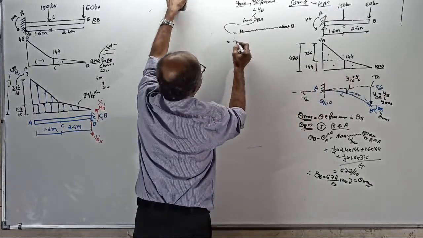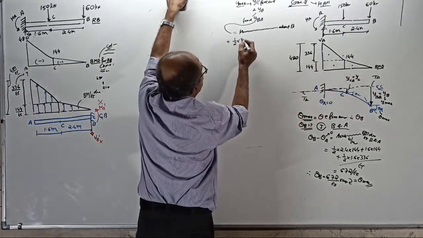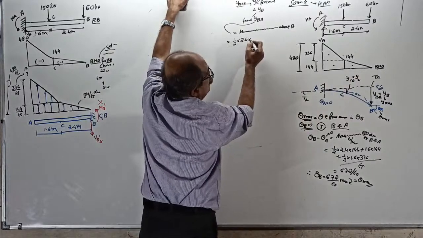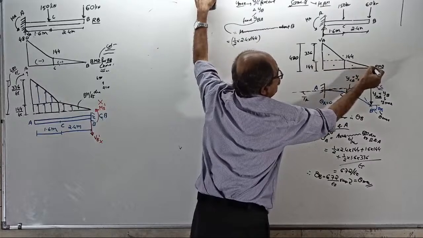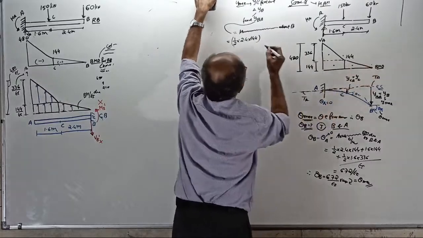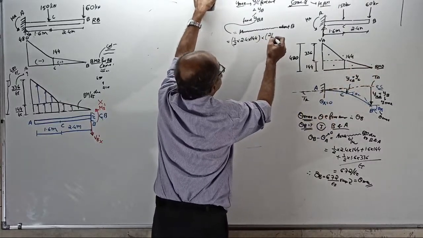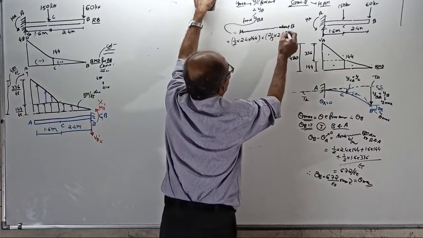Half into 2.4 into 144 is the first area, into the moment about B, which is 2/3 of 2.4.